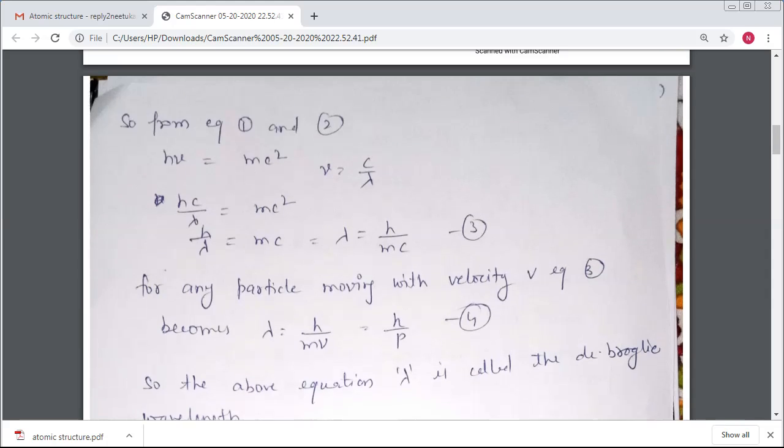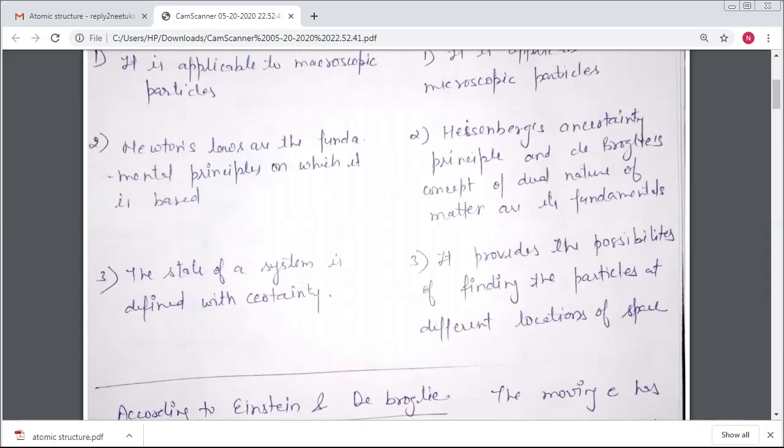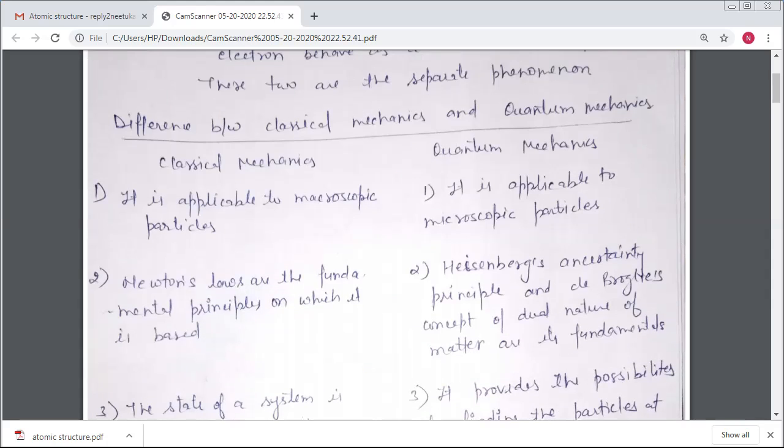So here one important thing: what is the difference between the classical mechanics and the quantum mechanics. There are some points. According to the classical mechanics, it is applicable to macroscopic particles, and the quantum mechanics is applicable to microscopic particles.